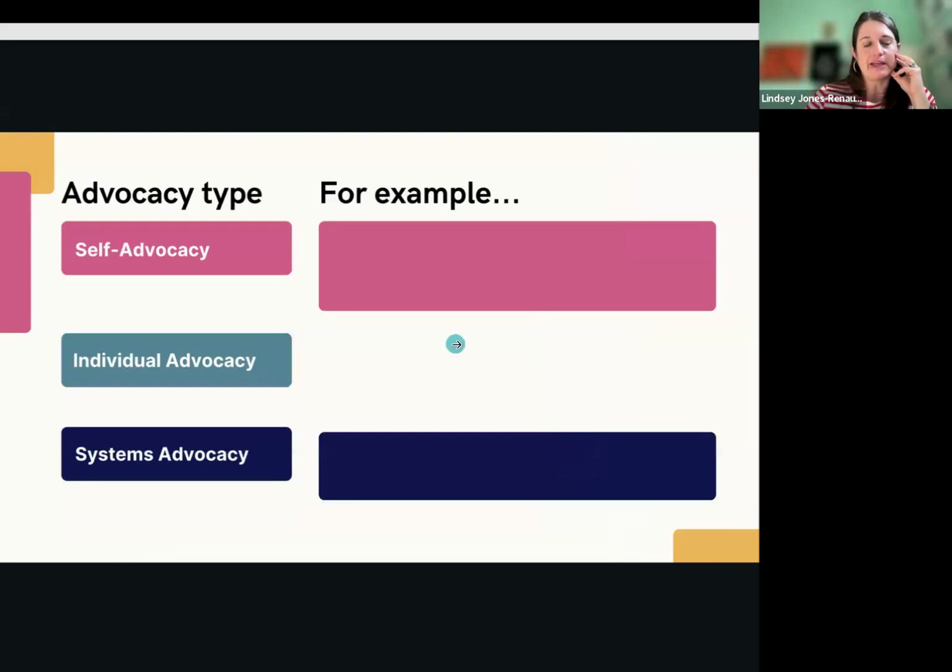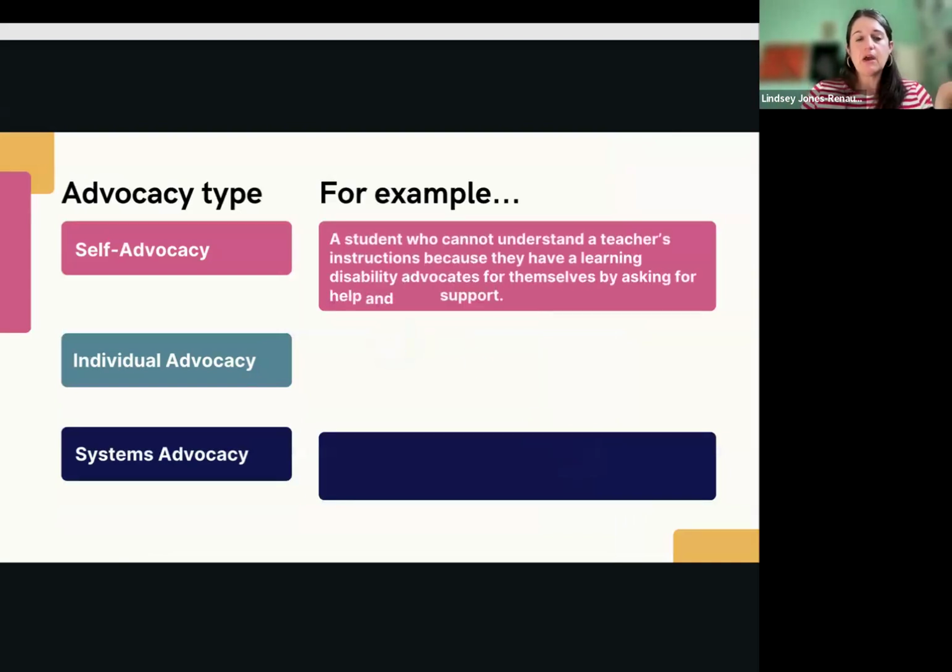But let's look at a couple examples. So self-advocacy. An example might be a student in school who cannot understand a teacher's instructions because they have a learning disability, and they advocate for themselves by asking for help and extra support. I mentioned that one of the areas that I do advocacy in is around disabilities, students with disabilities.